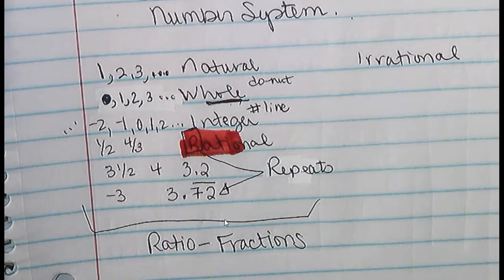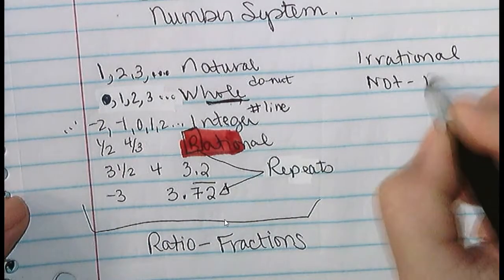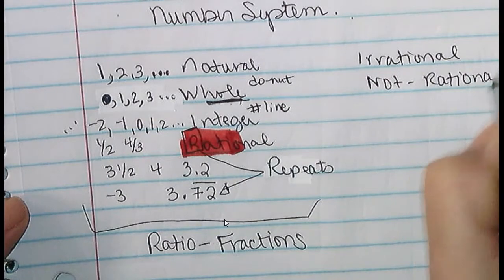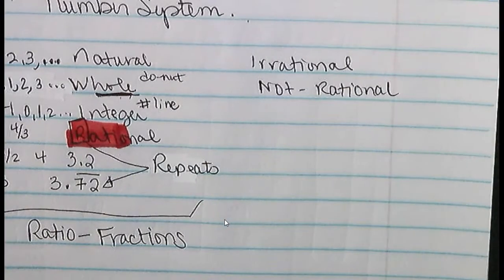Perfect. Now, if that's true, if rational is a ratio and rational is a fraction, then what's irrational? Wouldn't that be not rational? So if it's not rational, let me scoot my paper over for you. Because didn't we do R for repeat?